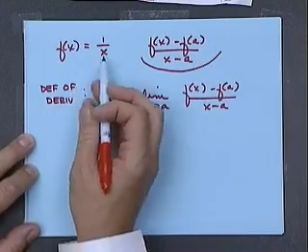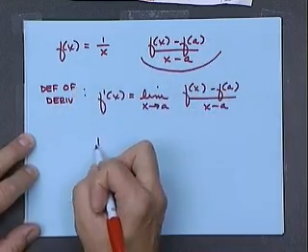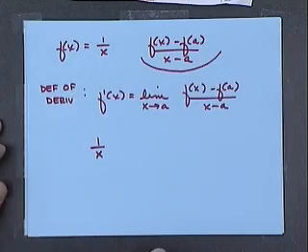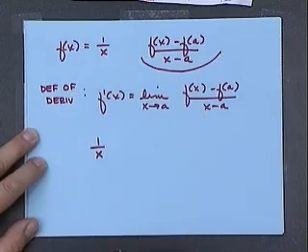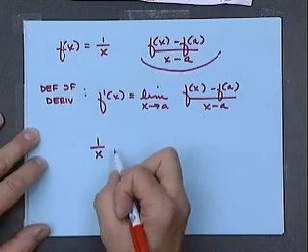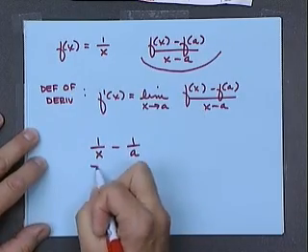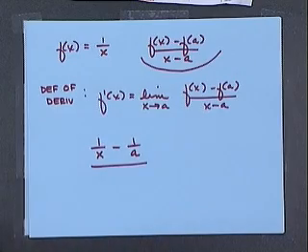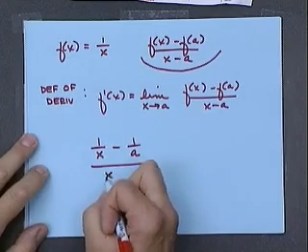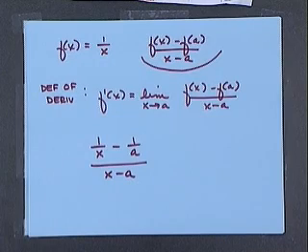So what would it look like? What's the f of x? 1 over x. What's the f of a? 1 over a. It's not meant to be a real complicated problem.